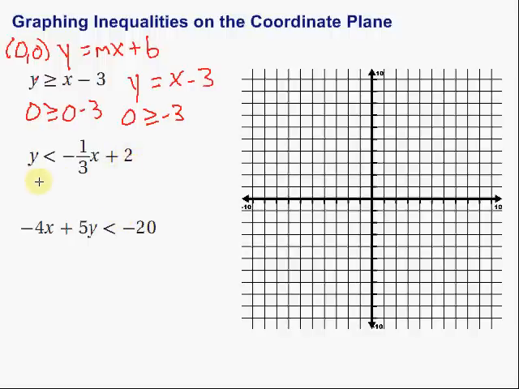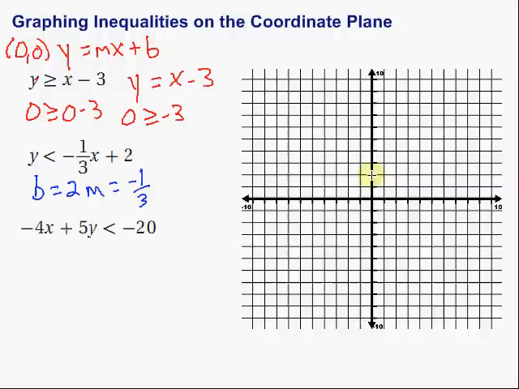In this case, our y-intercept, our b, is going to be 2, and our slope is -1/3. So we have our y-intercept of 2 on the y-axis. We find 2, which is going to be right here.